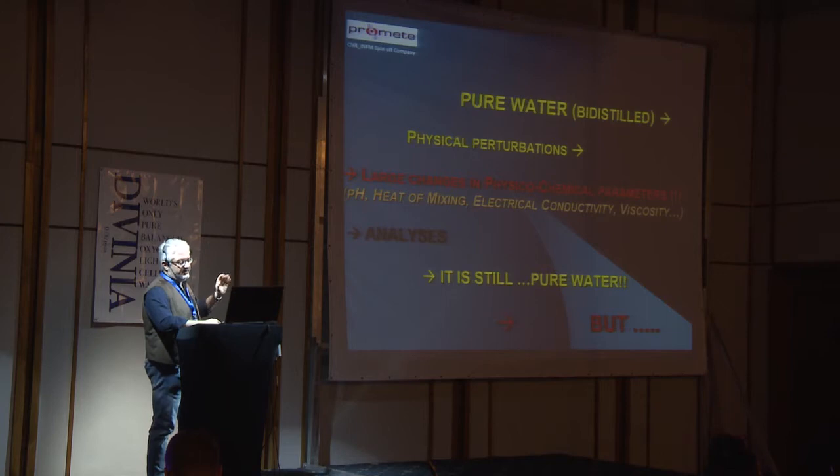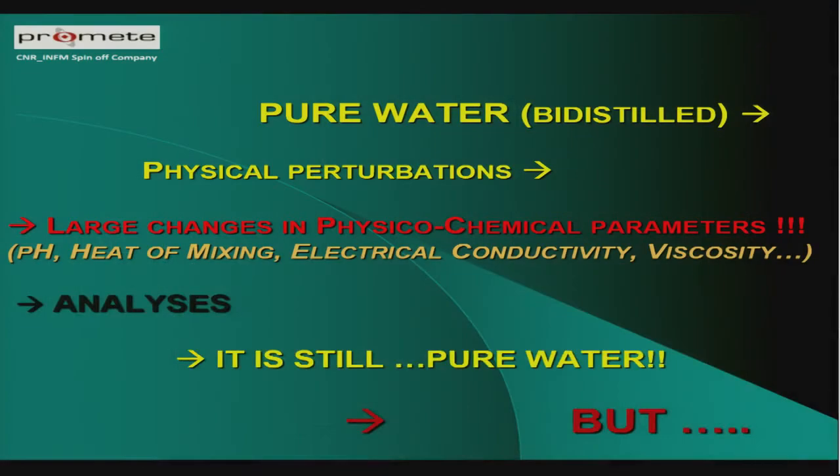The Vittorio Elia group discovered in recent years that if you have pure water, that is bidistilled water, and you use physical perturbation on this pure water, large changes in physical-chemical parameters happen. In particular, pH changes by as much as three points.